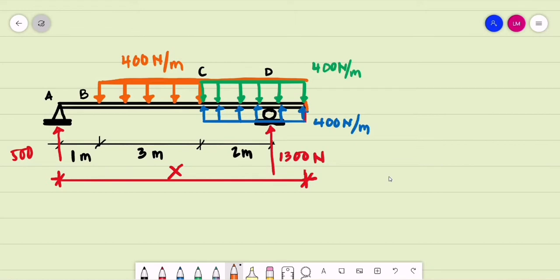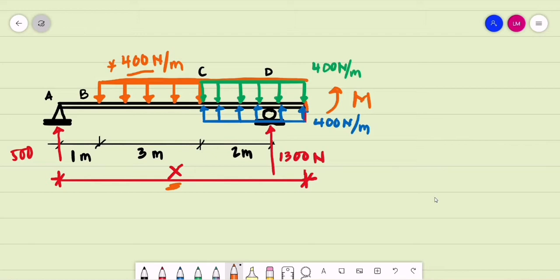To avoid problems, how do we express this 400 newtons per meter in terms of the moment equation, in terms of x? So in Tagalog, bakit natin kailangan i-extend yung 400 newtons to the right? Para maiwasan natin yung problema, how do we express this 400 newton per meter doon sa moment equation natin in terms of x?